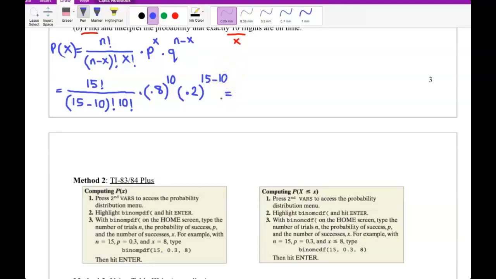Okay, now finding the answer for this part. Let me write that. So we have 15 factorial divided by 5 factorial times 10 factorial.